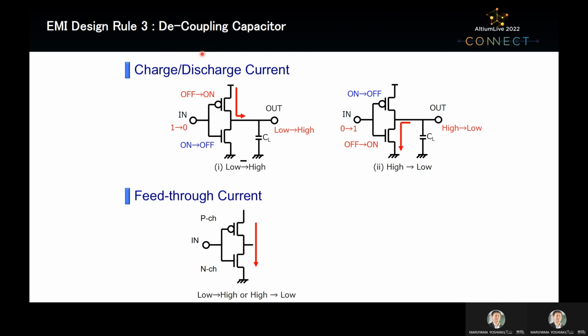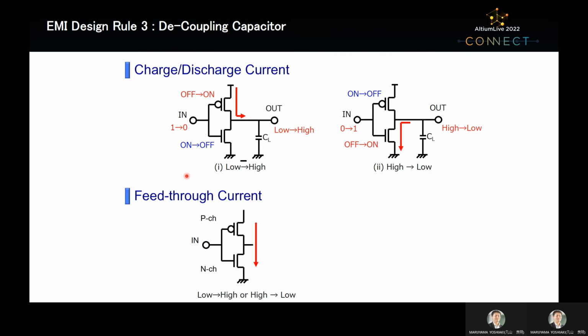This is an example of equivalent current for a driver IC in a CMOS structure. When the signal goes from low to high level, current flows from the driver IC's power pin to the signal trace.